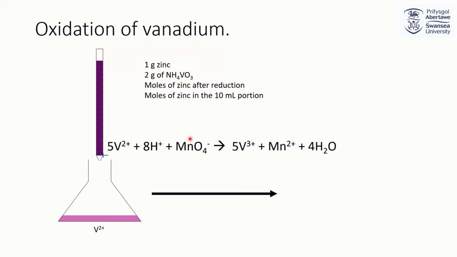This means you should be able to work out how many moles of vanadium would have been in the solution that was reduced, and therefore the concentration. Then that will be the concentration of this 10 ml solution.